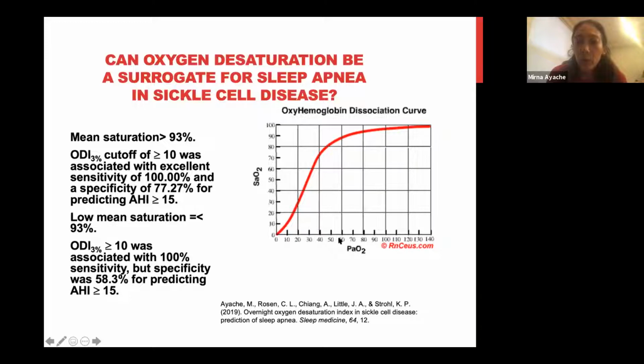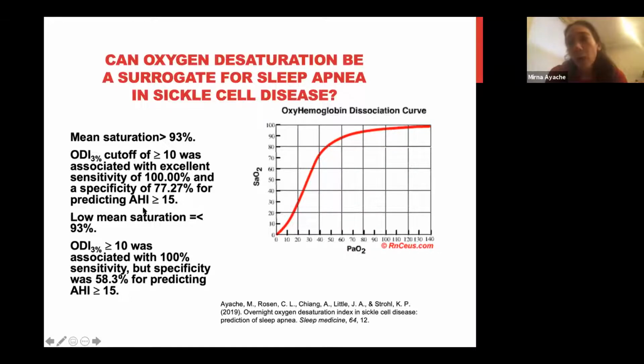Whereas if you're starting with a lower saturation, say here a PO2 of 60, which corresponds to a saturation of 90, it's like a slippery slope. And then you're going to have a relatively smaller absolute difference of PaO2 leading to the same drop in oxygen saturation. So basically, for those with a low mean saturation, any small flow changes can lead to a drop in saturation because it leads to changes in the PO2 on this slippery slope area of the oxygen desaturation curve.